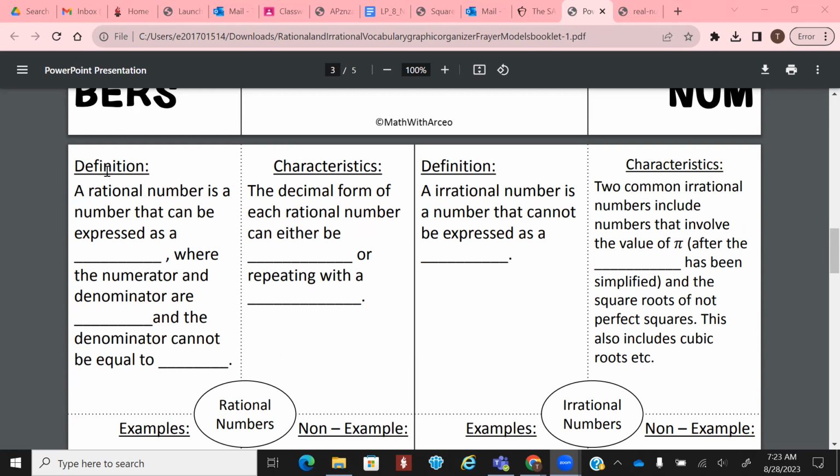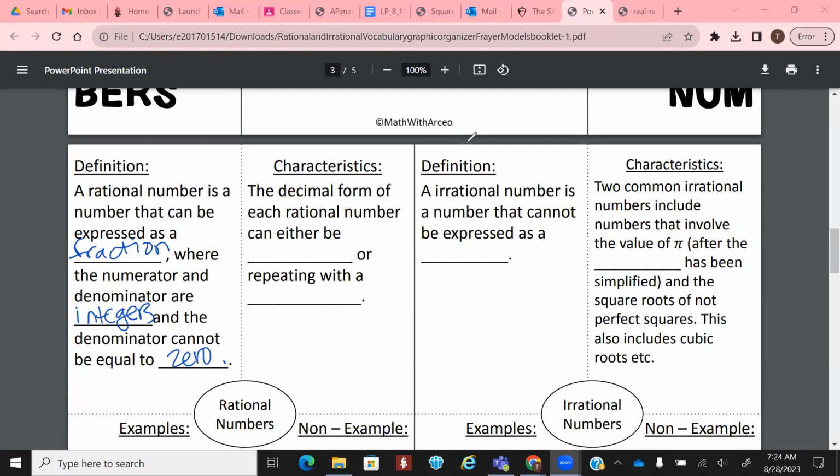So the definition of a rational number is a number that can be expressed as a fraction, where the numerator and the denominator are integers, and the denominator cannot be equal to 0.